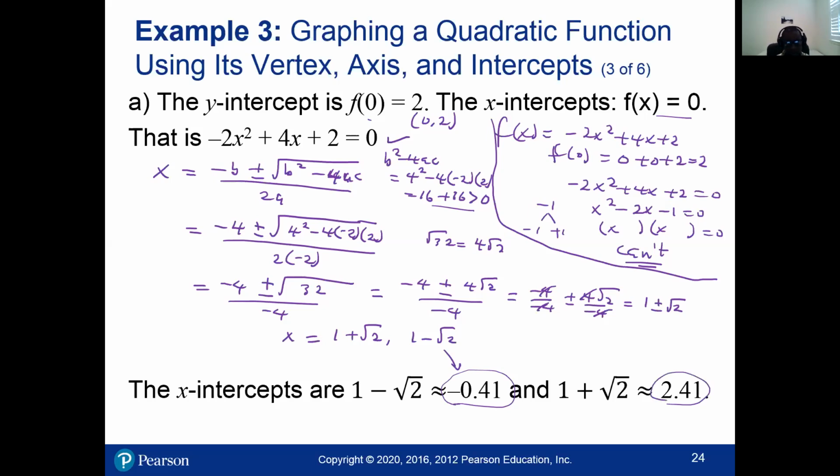So we have the x-intercepts, which are these values. The points are 1 minus square root of 2, 0, and the other one is 1 plus square root of 2, 0. Approximate values are given there.